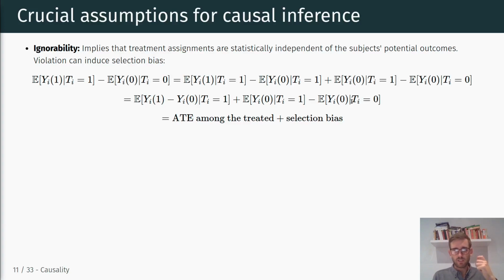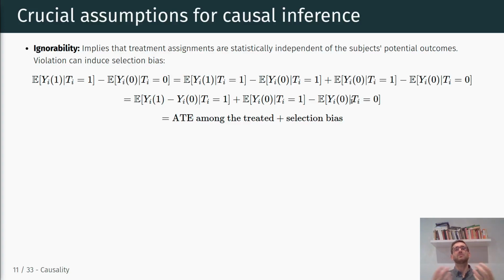So look at those formulas and try to go through the logic, because ultimately what we see here is that selection bias is basically a difference in the potential outcome between observations that were assigned to the treatment and observations that were assigned to the control. But it's a difference in the potential outcome if both of those groups of observations had actually been assigned to the control condition, right?